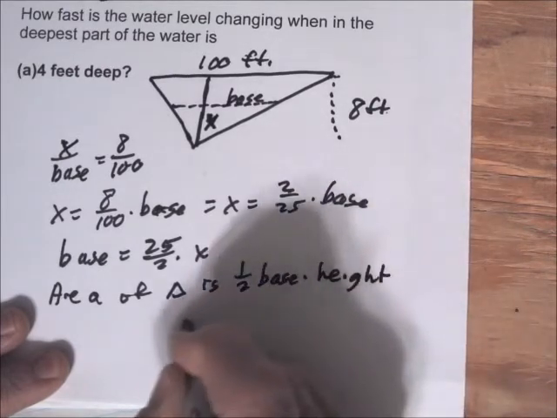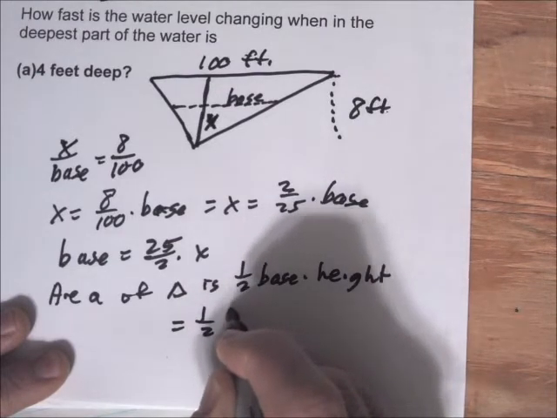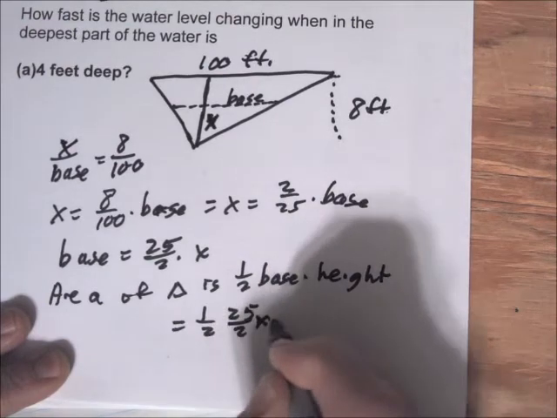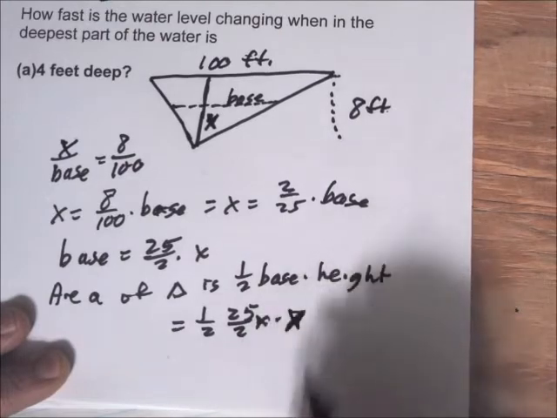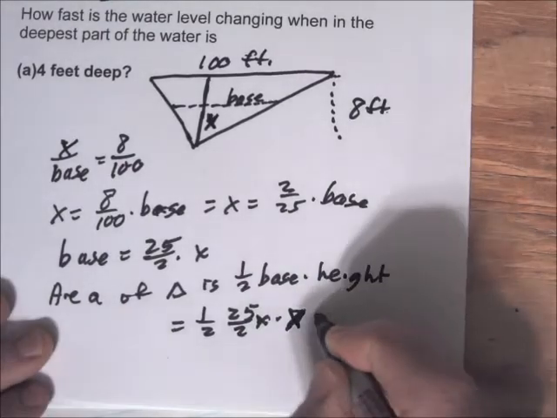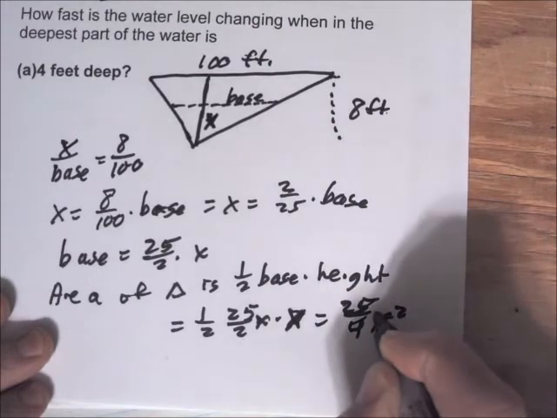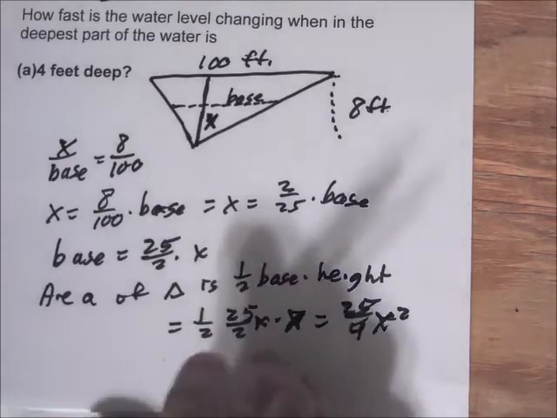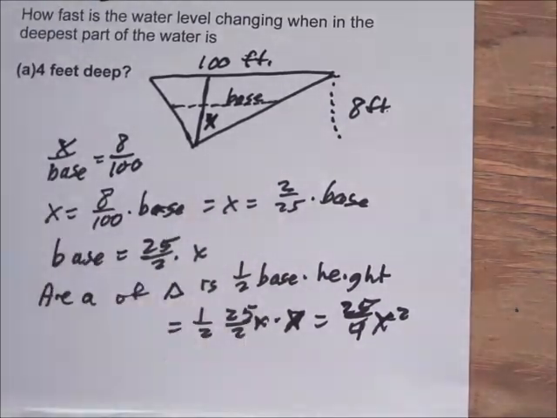In this case, it's going to be 1/2, and the base is 25 over 2 times x, and the height is x. So we get 25 over 4 x squared. And then if we take the derivative with respect to time, we'll get another sheet of paper here.